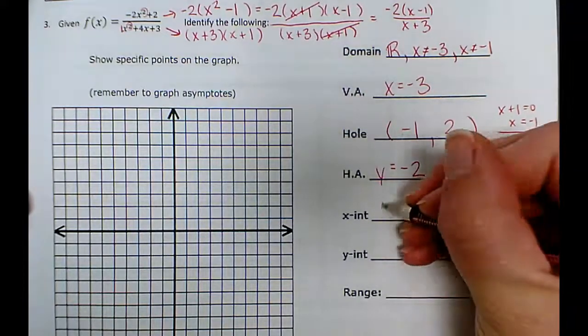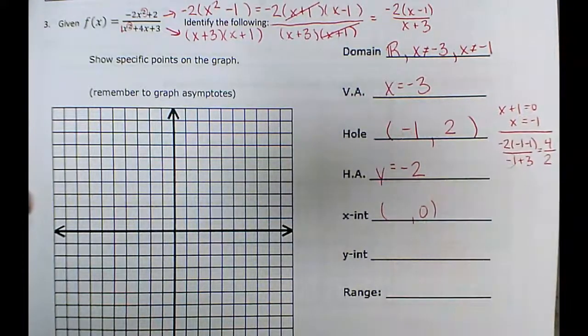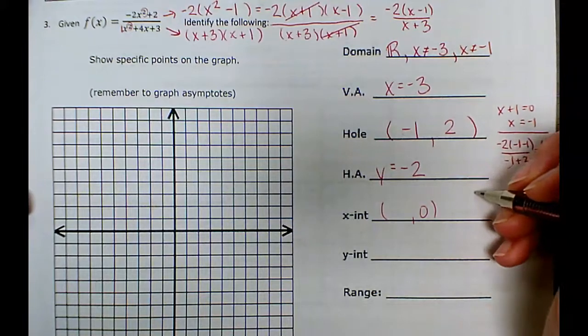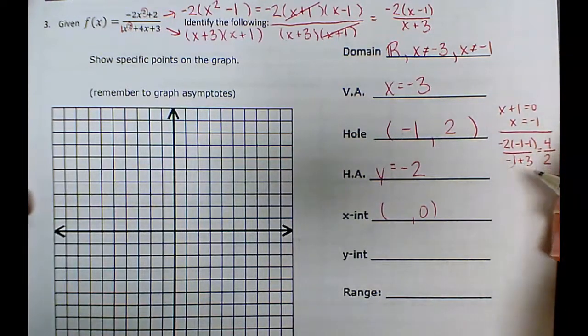The x-intercept is the x value when y is 0. So we can set the numerator equal to 0 and we can solve.